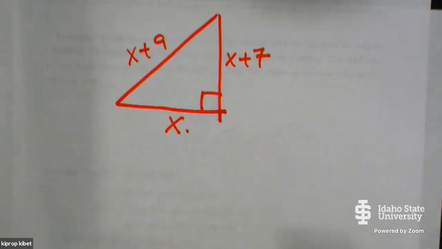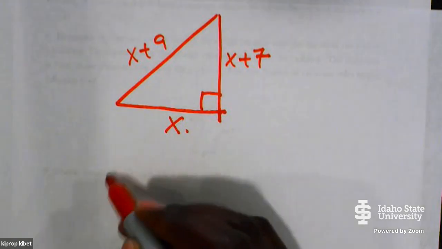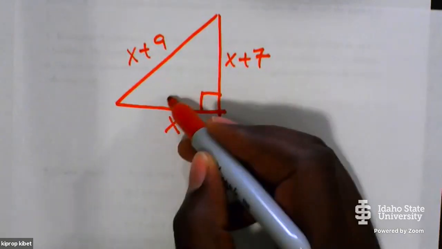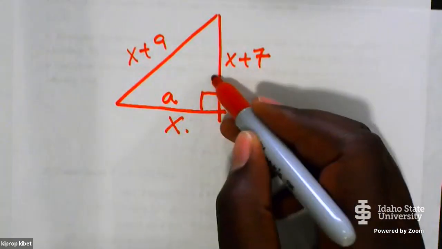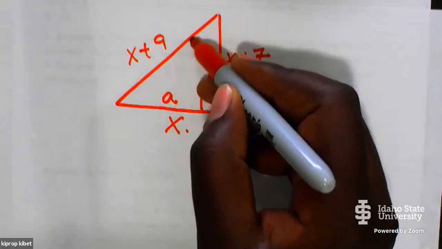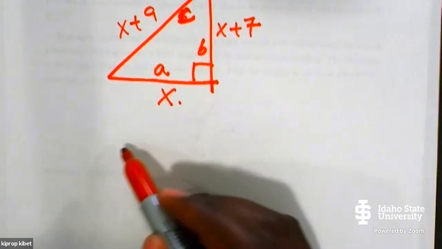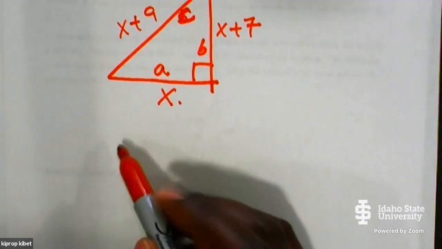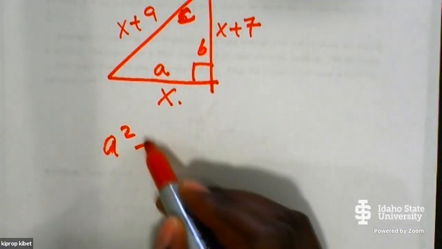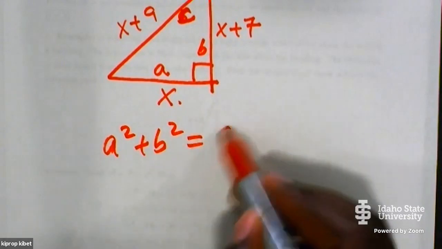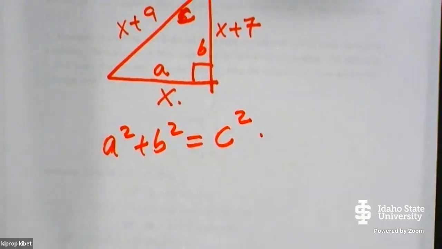So let's say this is the side A, this is the side B, and this is the hypotenuse C. Using the Pythagoras theorem, A squared plus B squared equals C squared.